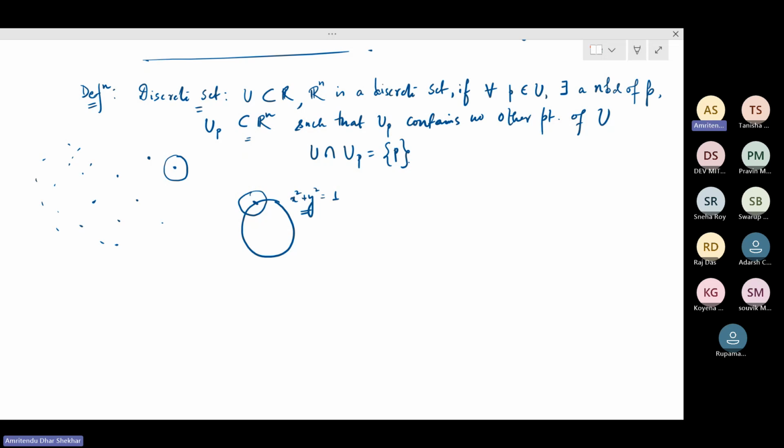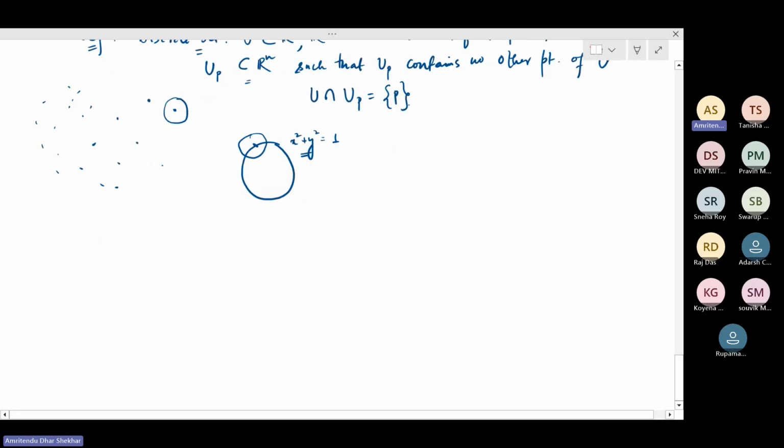But the point is not that. The point is, when can we say that the critical points or the stationary points of a function is a discrete set? Okay, it need not always be a discrete set, right? And the best example is basically given by this.